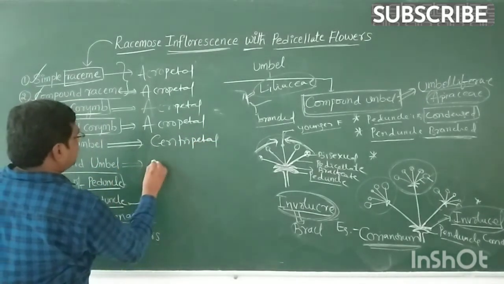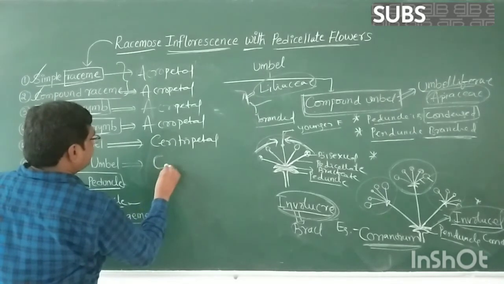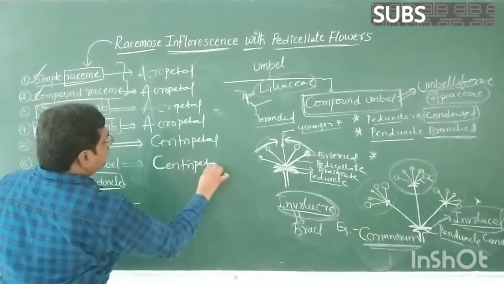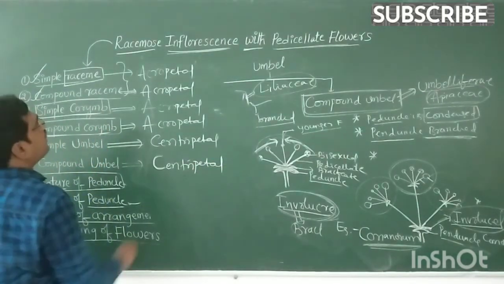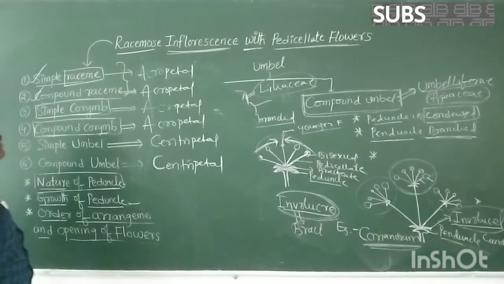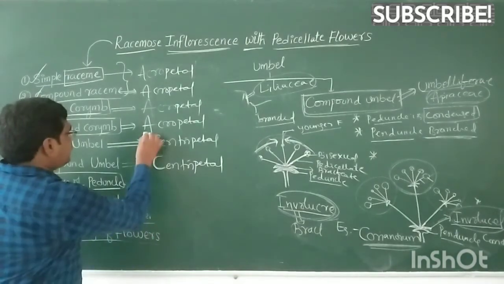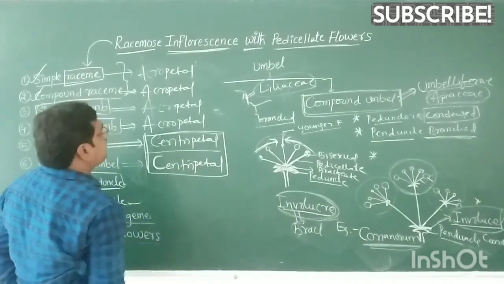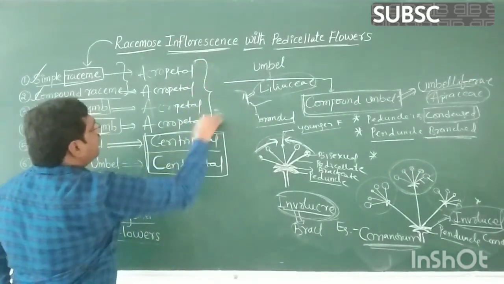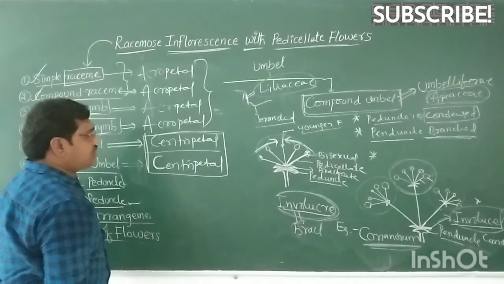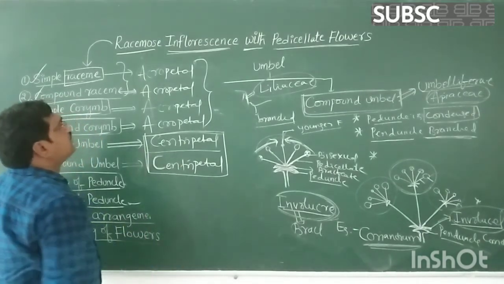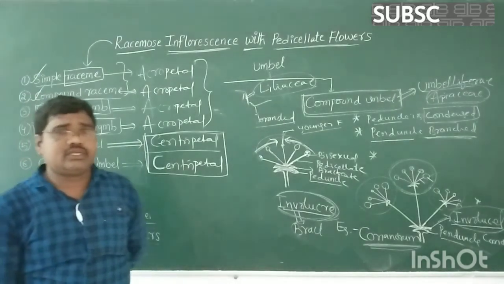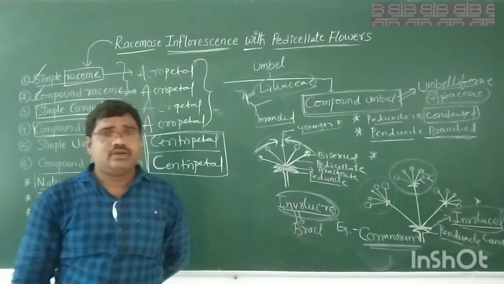Compound umbel is also centripetal succession. So here in racemose inflorescence with pedicellate flowers, these two have arrangement and opening of flowers called centripetal. The remaining four are acropetal succession. So this is the complete explanation of racemose inflorescence with pedicellate flowers. Thank you.